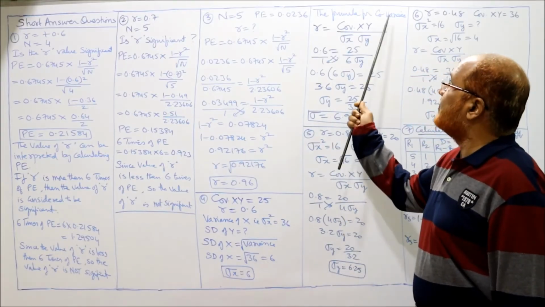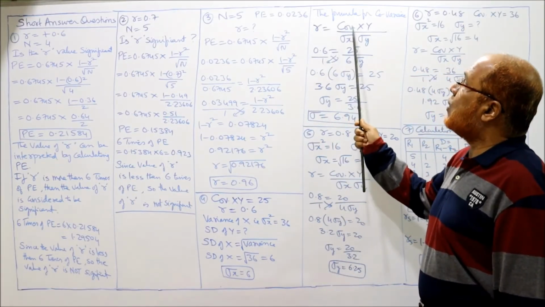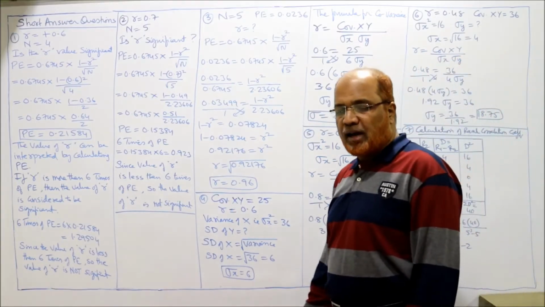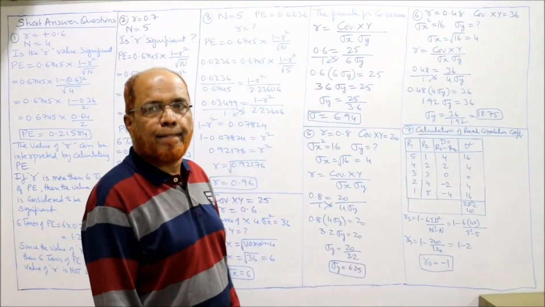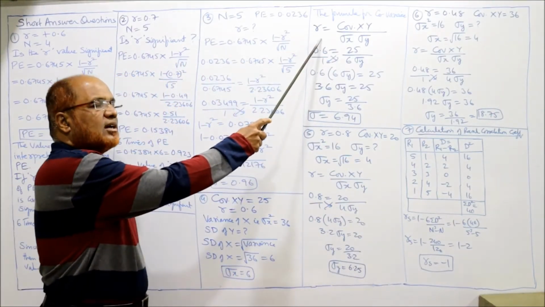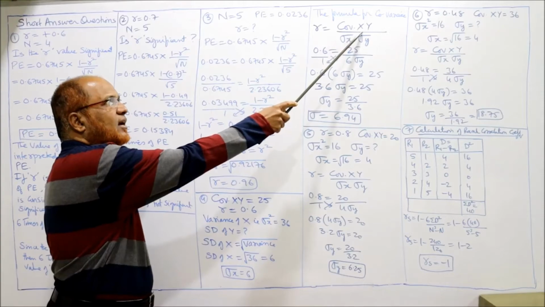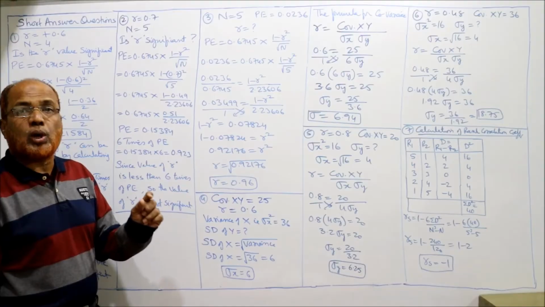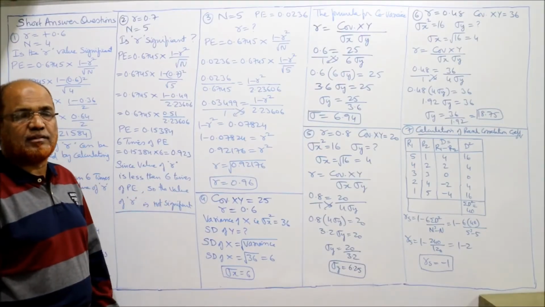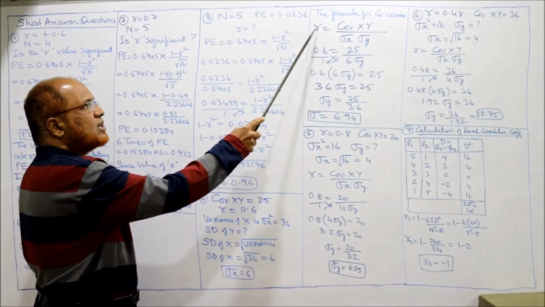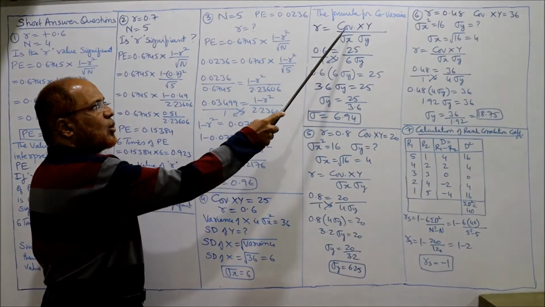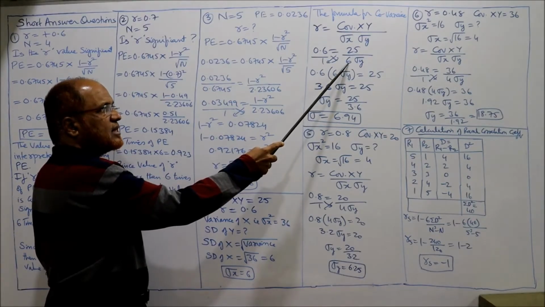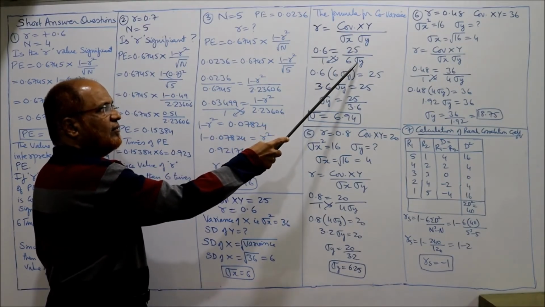So there is one formula for covariance: R is equal to covariance of X and Y divided by sigma X into sigma Y. This is one more formula for the correlation coefficient, covariance of X and Y divided by standard deviation of X into standard deviation of Y. This is the formula for correlation by using covariance. So now the correlation R value is given as 0.6, covariance is given as 25, standard deviation of X is given as 6, and standard deviation of Y is not given, we have to find it out.